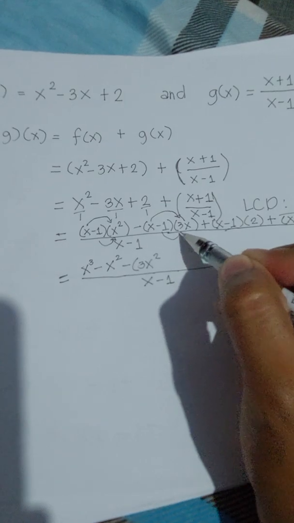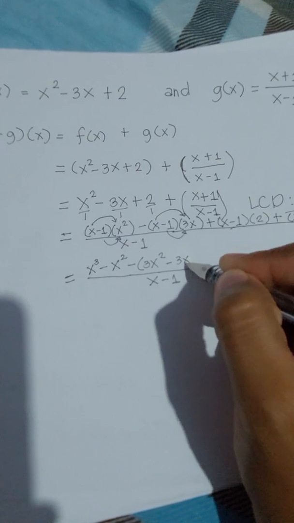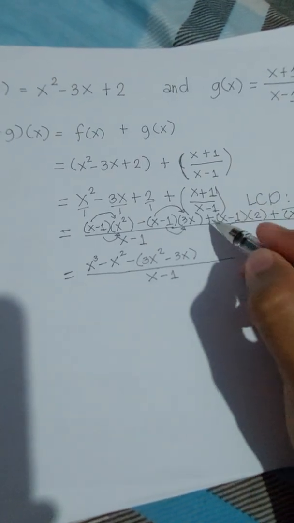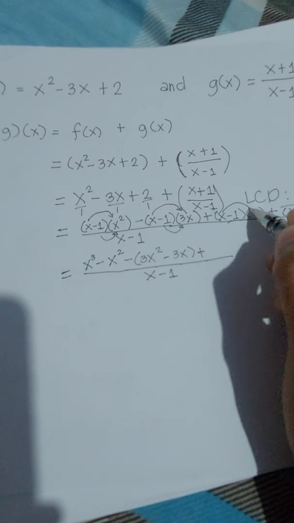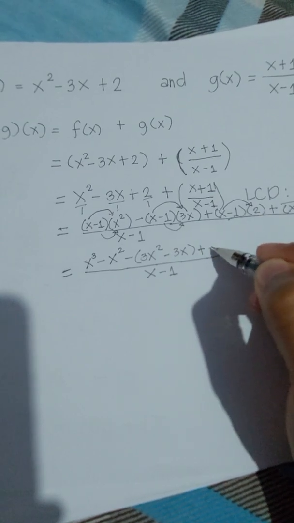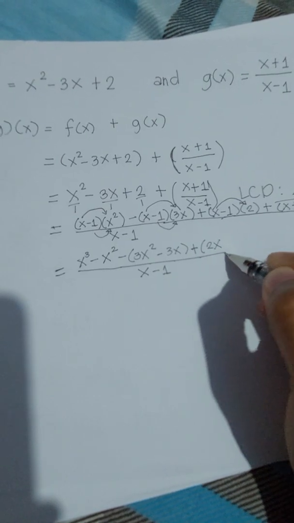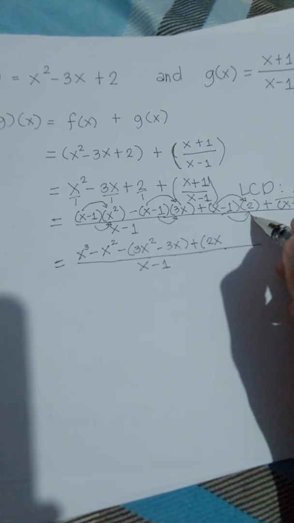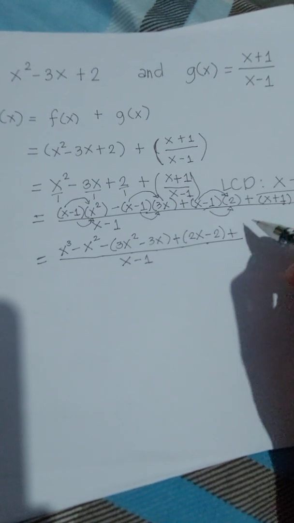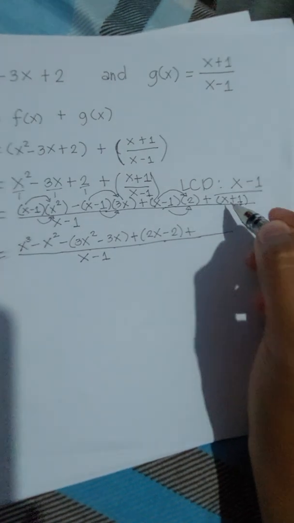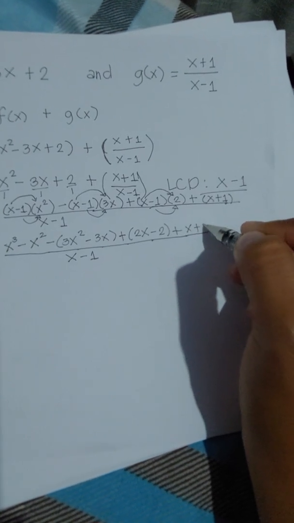Then, negative 1 times 3x, that would give you negative 3x. Parentheses. Bring down plus. Then here, x times 2, that would give you 2x. You can have no bracket. Then, negative 1 times 2, that would give you negative 2. Plus, we just bring down, remove the bracket, the x plus 1. So we have here x plus 1.